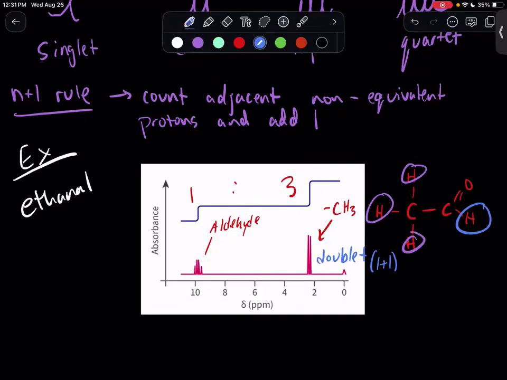Meanwhile, if we look at our aldehyde side, our COH, that has 3 adjacent hydrogens, 1, 2, 3. So 3 plus 1 is 4, and we have a quartet. So high-res NMR allows us to see these different aspects of our signals. Not only do we get the base information, but now we can see the adjacent non-equivalent protons that exist. So that's kind of what we use high-res HNMR for.